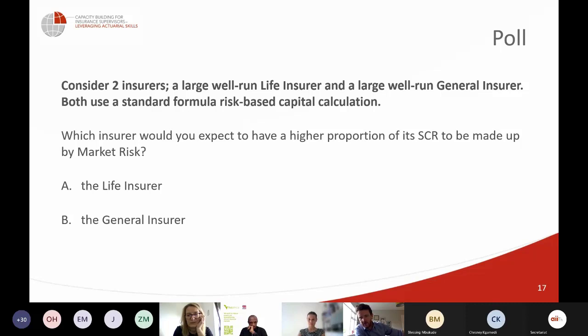Life insurers typically hold much longer term assets to match longer term liabilities, assets where you would expect more growth over the longer term, such as equity, longer term fixed interest and property. So usually the market risk is substantially higher. If you've got 100 million as the SCR for a general insurer, and 100 for a life insurer, the market risk component will generally be a lot higher for the life insurer.